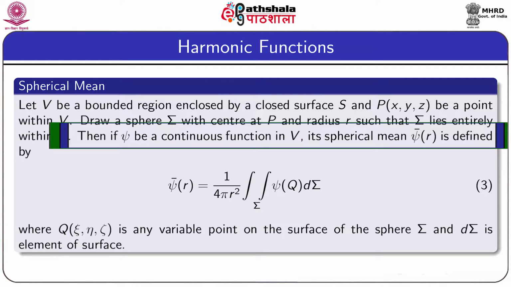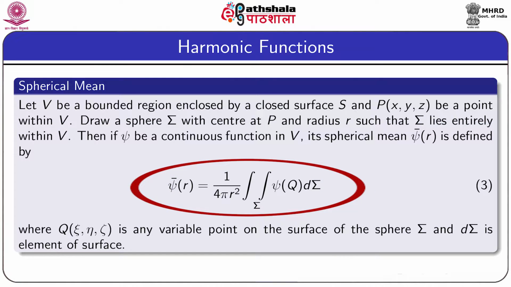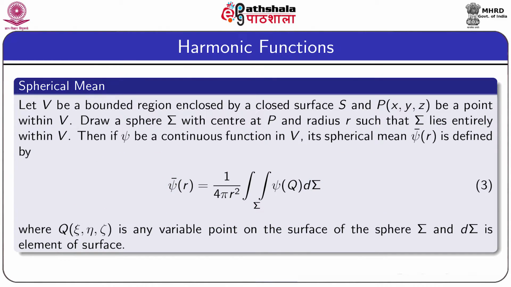Then if psi is a continuous function in V, its spherical mean is defined as psi bar r equal to 1 divided by 4 pi r square times the surface integral of psi d sigma.